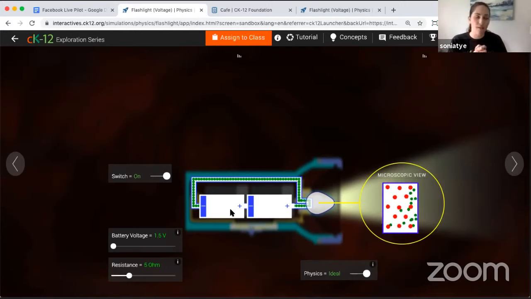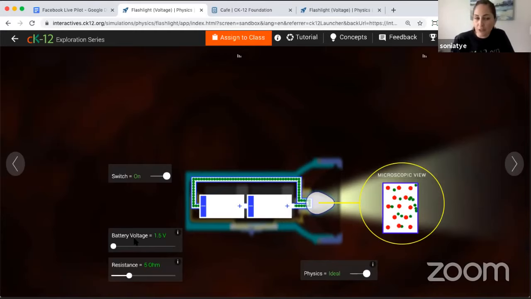Okay, so let's experiment a little. That's what science is all about, right? And experimental design sounds kind of intimidating, but really it's very simple. We want to study the connection between two things. So I'm going to investigate this idea of the battery voltage, and I want to know more about the relationship between the battery voltage and the flow of charge, the current.